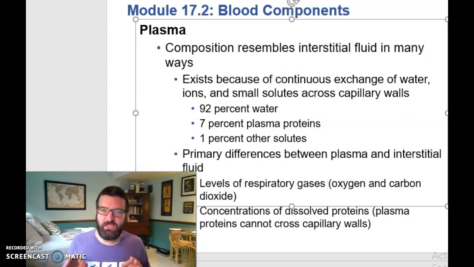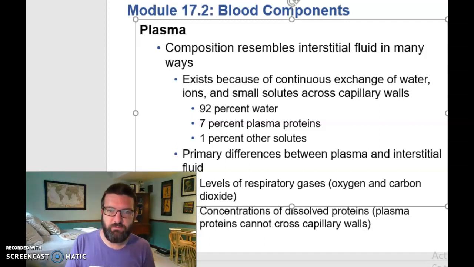Your blood plasma looks a lot like the interstitial fluid at your tissues, that is the fluid that the cells of your tissues are just kind of hanging out in. And the reason it looks a lot like that is because it's just exchanged back and forth, right? The fluid and a lot of the solutes are exchanged back and forth between your blood plasma and your tissue fluids, the interstitial fluid.